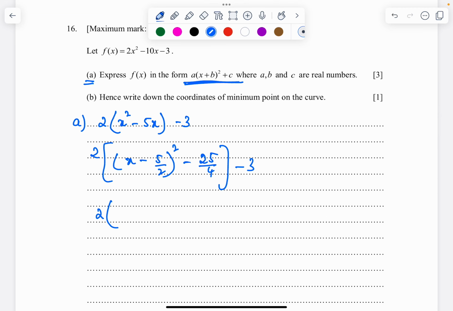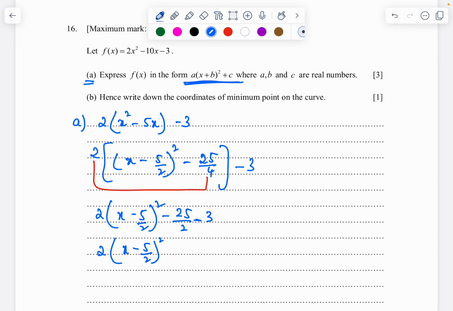So 2 times, open the bracket, don't forget to multiply by 2, 2 times negative 25 over 4 is negative 25 over 2 minus 3. Now you simplify the terms. Negative 25 over 2 minus 3 is negative 31 over 2.